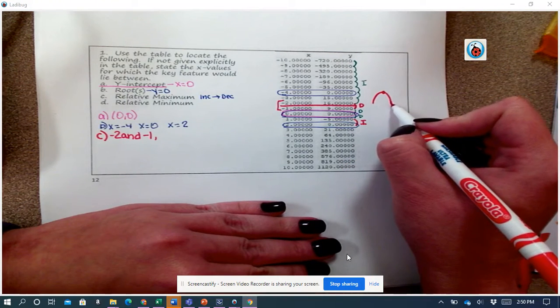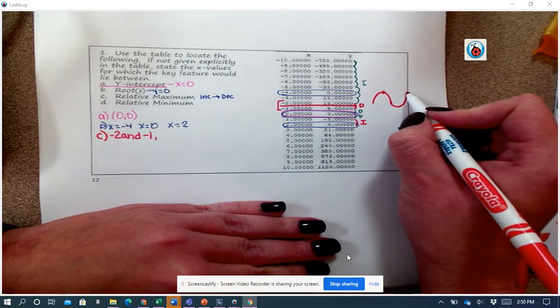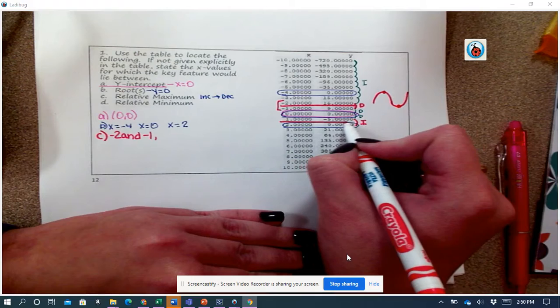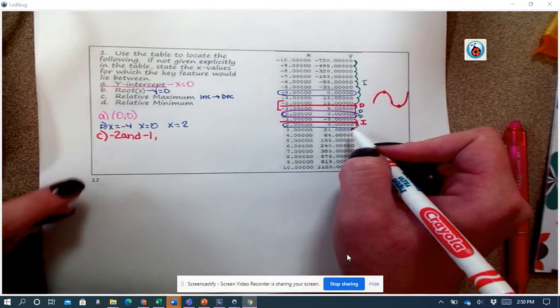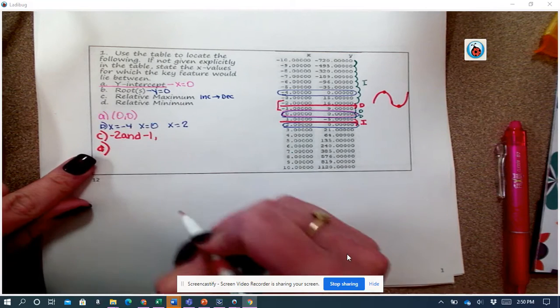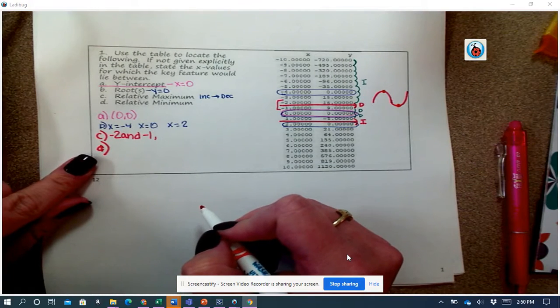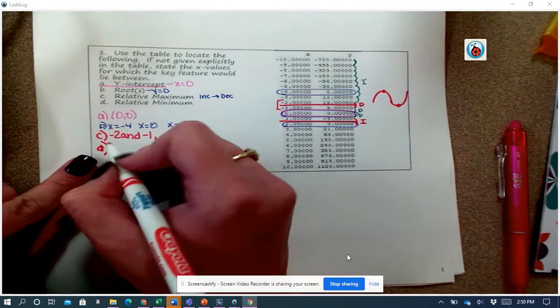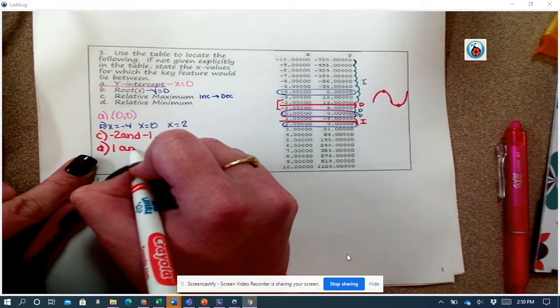So if we're decreasing, decreasing, decreasing, and then we increase, that would mean there is a minimum point in there. So for choice D, we would have a minimum point between 1 and 2.